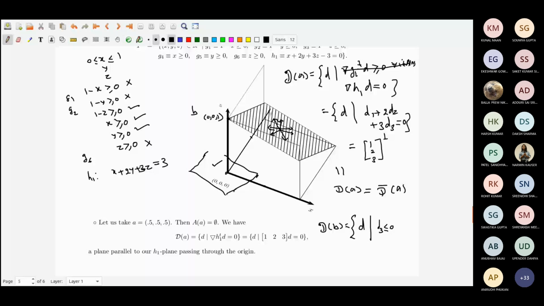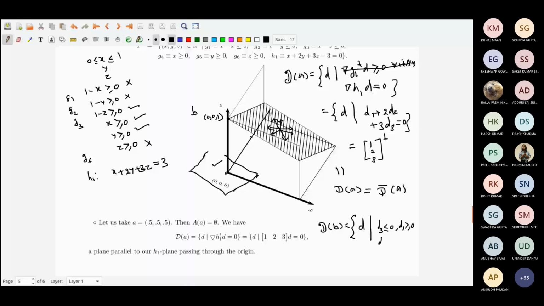Grad G3 is 0 0 minus 1, and that inner product D should be greater than or equal to 0, which means D3 is less than or equal to 0. Second one will say D1 greater than or equal to 0. Third one will say D2 greater than or equal to 0. So from these three I am getting this.